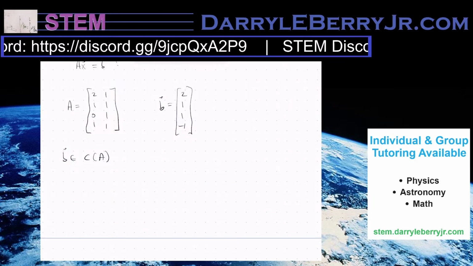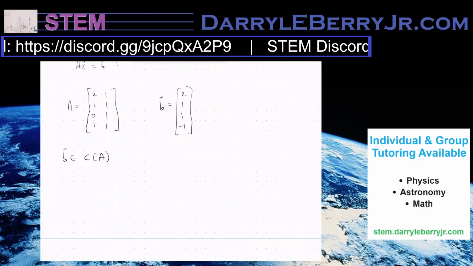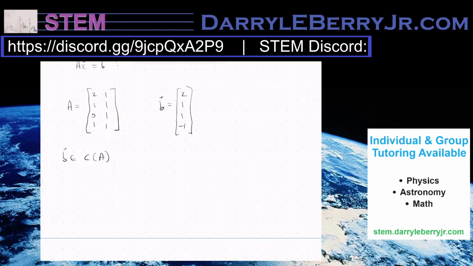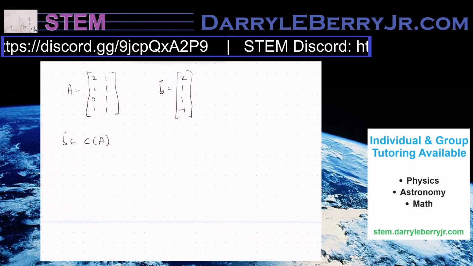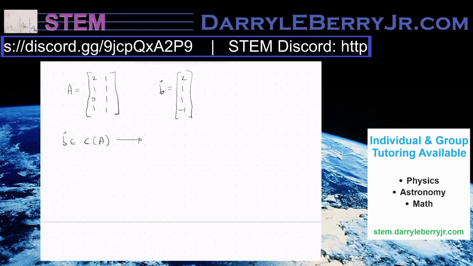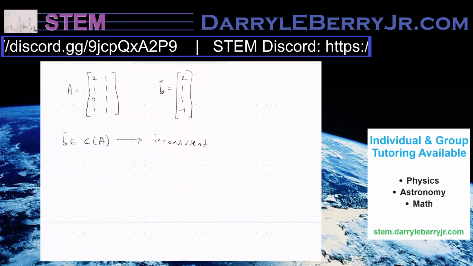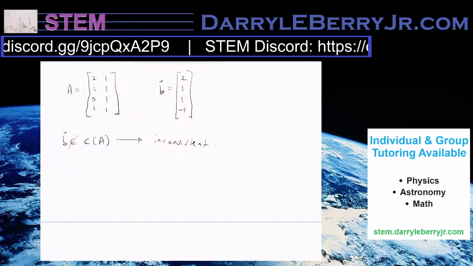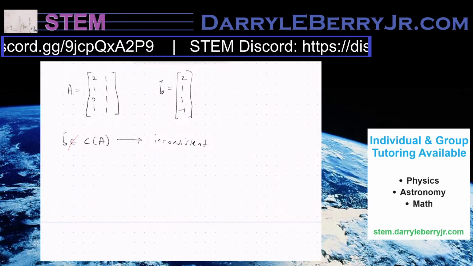But let's see if this process can help elucidate column spaces, and then we can go back to that. As the reader can check, B is not in the column space of A, therefore inconsistent. So in order to be consistent, it needs to be in the column space.